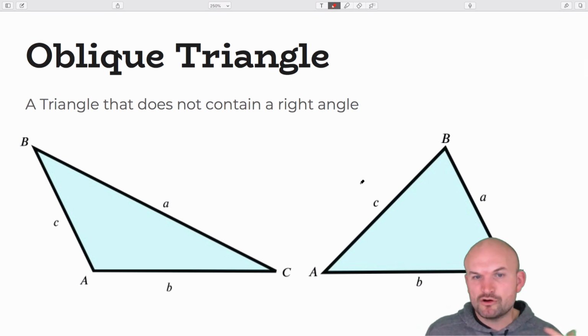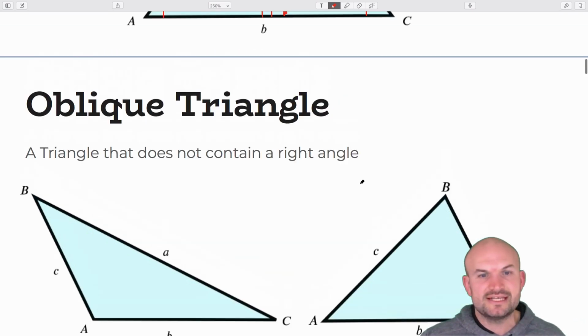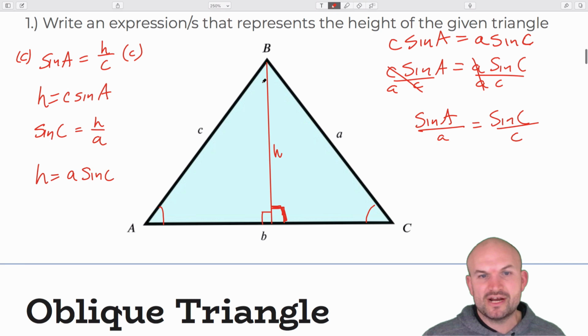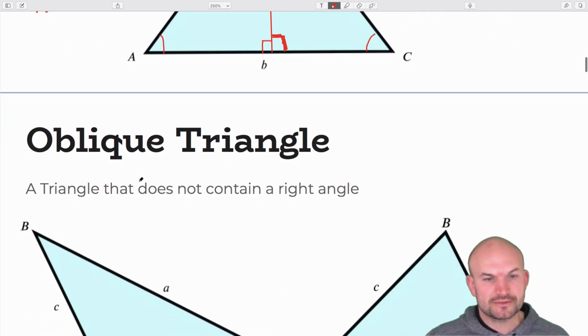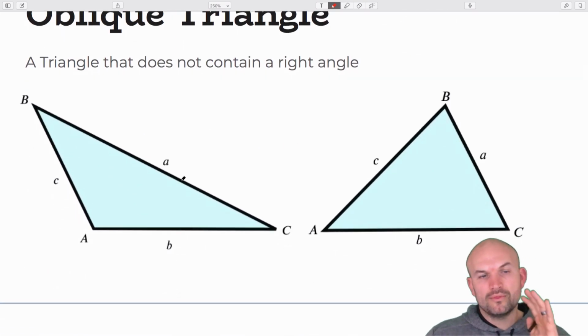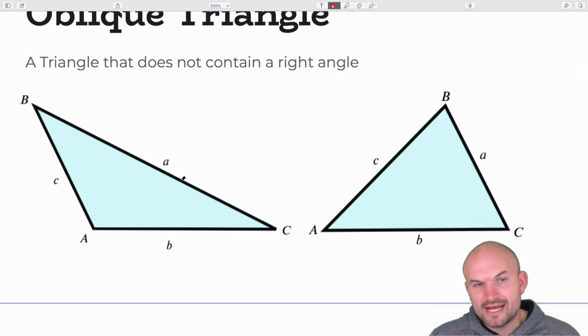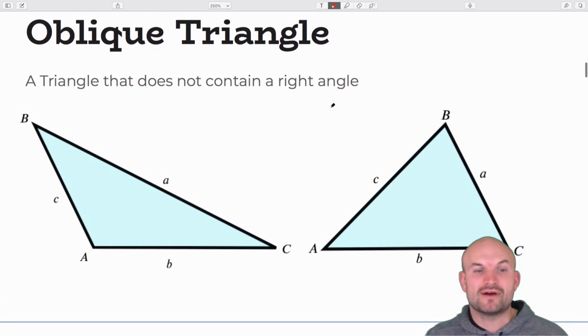But the reason why this is going to be helpful for us is because for right triangles, we have the Pythagorean theorem as well as the trigonometric ratios, right? You can see that I could not use the trigonometric ratios until I created a perpendicular line. Then once I had a right angle, I could use my trigonometric ratios. So an oblique triangle is basically just a triangle that does not contain a right angle.